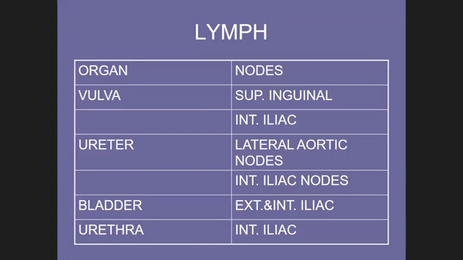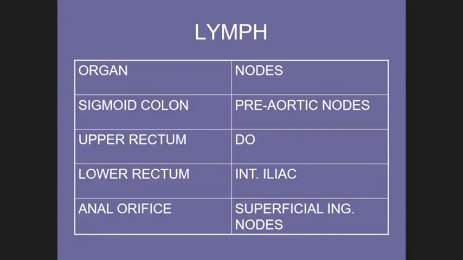Ureter, again the regional lymph nodes: internal iliac, external iliac, lateral aortic, where it comes from. And bladder, exclusively internal and external iliac nodes, and urethra, internal iliac nodes. And just to know about the sigmoid, aortic; upper rectum, the same; lower rectum, internal iliac; and anal orifice, superficial inguinal nodes.